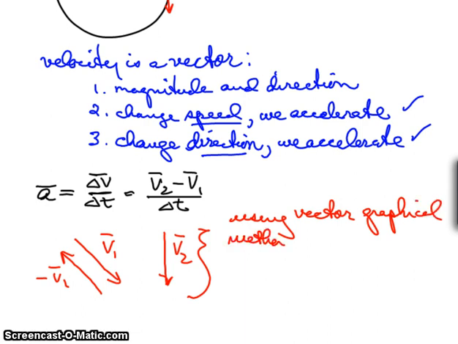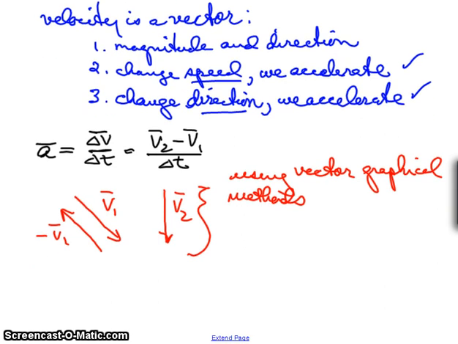I'm going to add V1 and V2. V2 goes straight down. Okay. And now I'm going to add minus V1, and we add it going off in that direction, just like that.